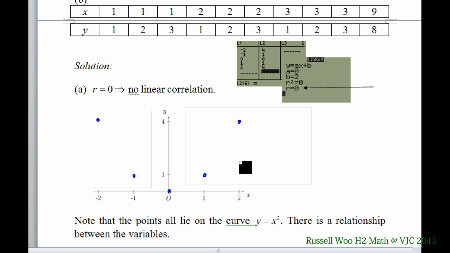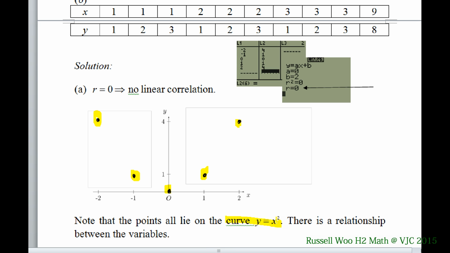Now you realize that even though R is 0 and there's no linear correlation, the points actually lie on the curve y equals x squared. So you cannot say that there's no relationship.